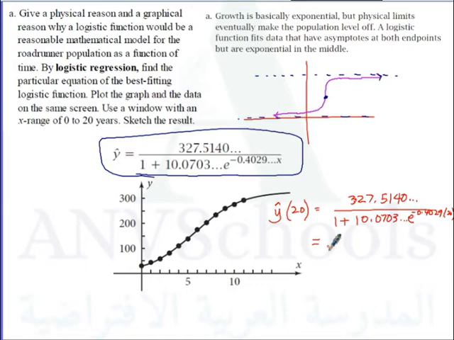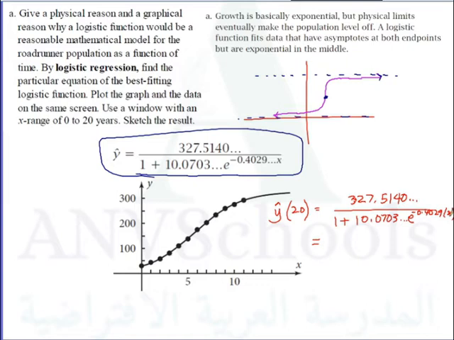So if we replace our x with 20, that's 327.5140 over 1 plus 10.0703 e to the negative 0.4029 times 20. On the calculator, shift E, and negative 0.4029 times 20.